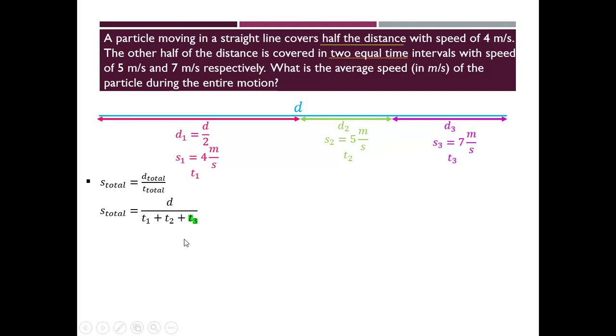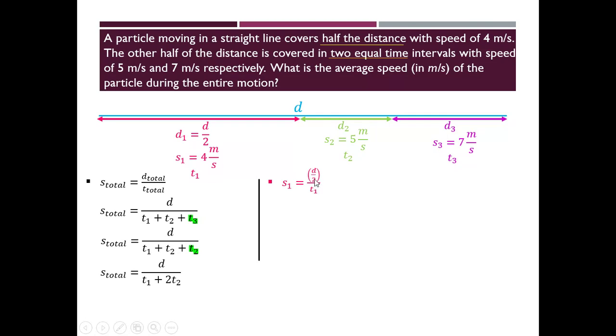Otherwise, that statement is false, but it's the condition that's given. So I'm going to replace T3 with T2. I'm still going to combine like terms just like the previous strategy. So you notice here, you run into the same roadblock. It's still D over T1 plus 2T2. So if you caught up with the first strategy, don't panic. Just start setting up each segment and start trimming down unknowns. Okay, and it's going to take a little practice. Well, S1 is just D1 over T1.